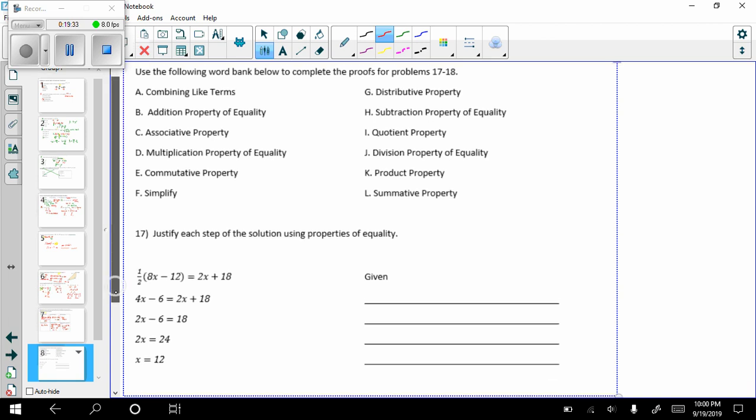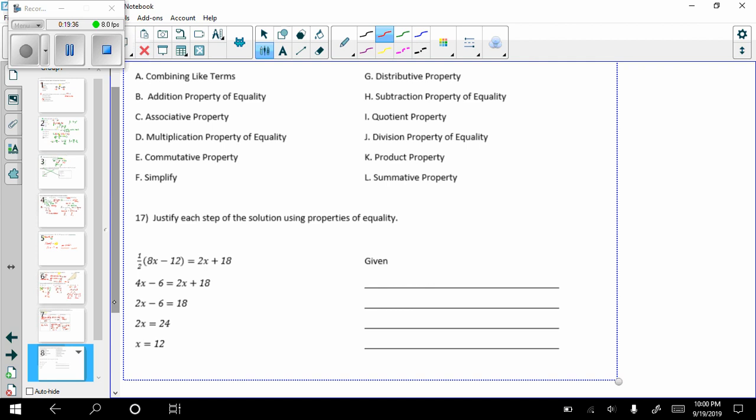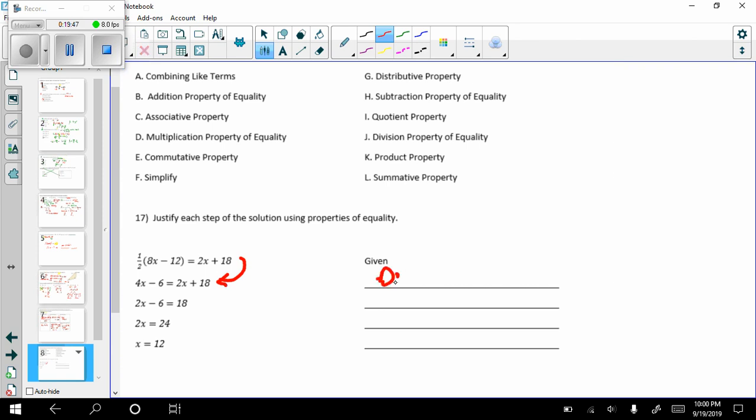This one, you had to choose from all these terms here, right? In this very first line, you're asking what happened between here and here? What they did is they distributed. So this would have been distributive, and that was letter H. I checked both, so if you had distributive or G, you got that right. Next thing, from here to here, what they did is they subtracted the 2x.